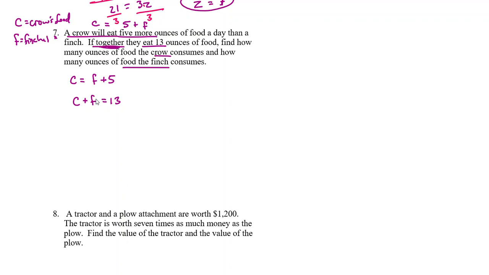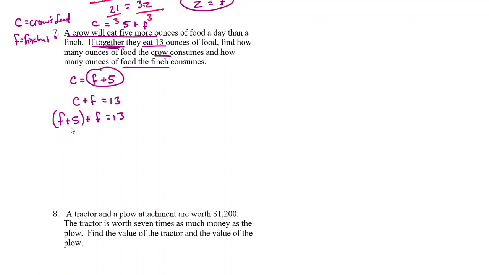Now, this is where these ones are a little bit tricky, because we now know what C equals, so instead of writing C, I can write F plus 5. And that's what I'm going to do in my second equation. C is F plus 5, plus F equals 13.